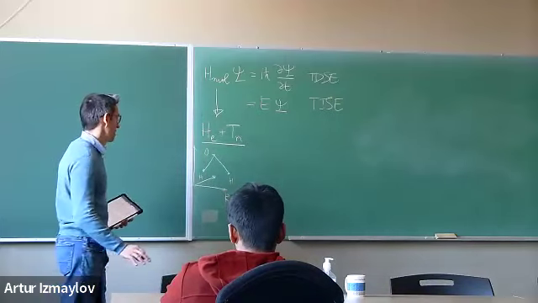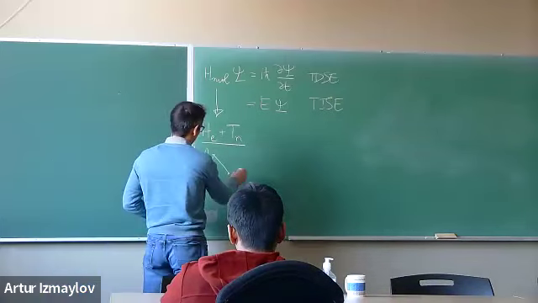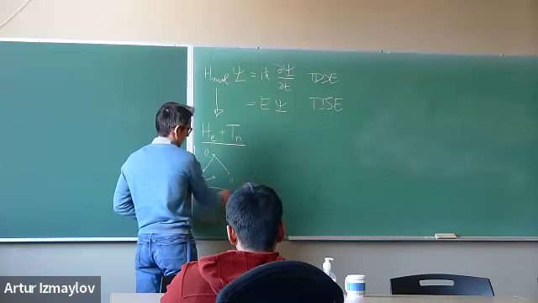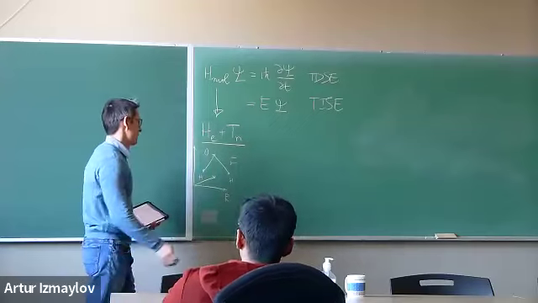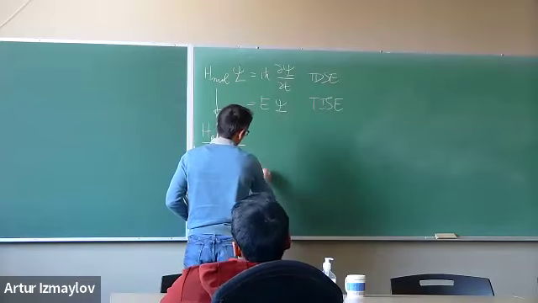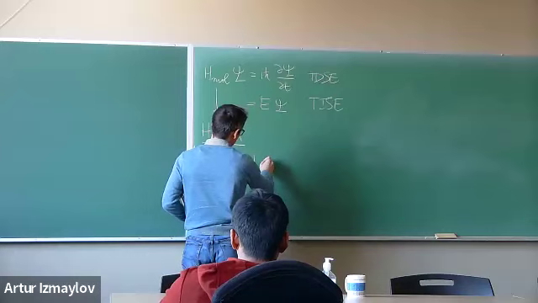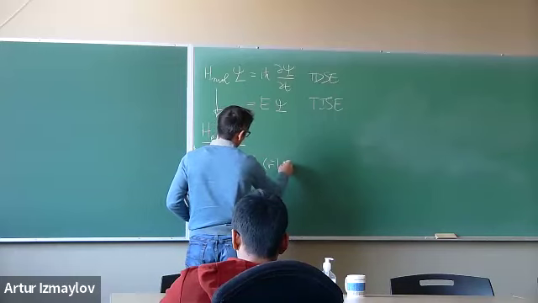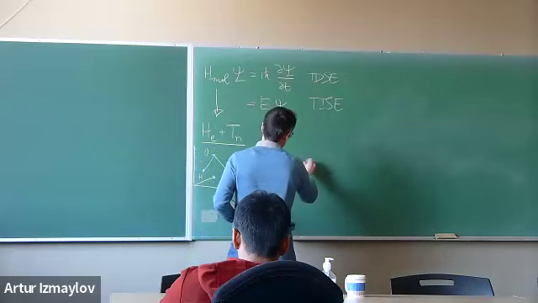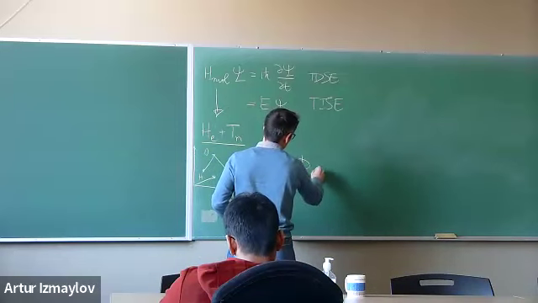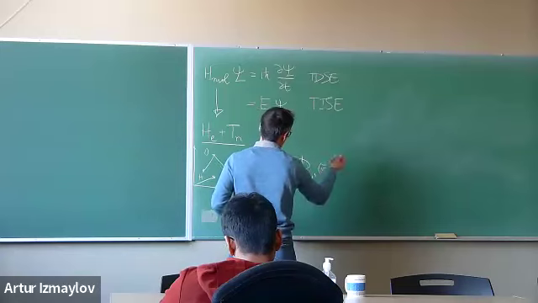The nuclei are not moving anywhere, and we solve for the electronic variables. This is the electronic structure problem, and that's what is usually done when you study molecules, they are fixed. And then you look at the electronic functions, mostly the ground state.